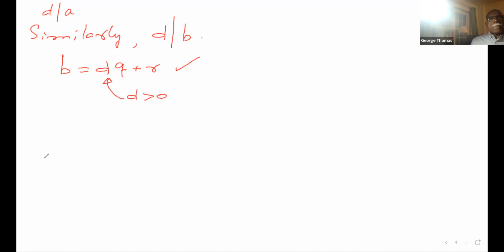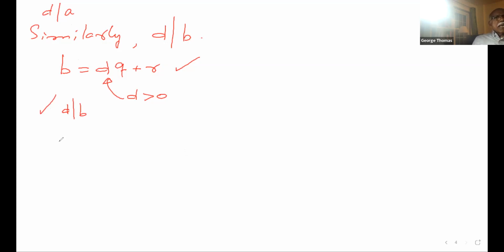Agreed? Just like we applied the division theorem to A, we can apply it to B as well, because D is bigger than 0. And we will come to the conclusion that D divides B. Done.